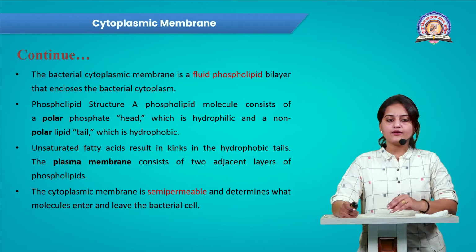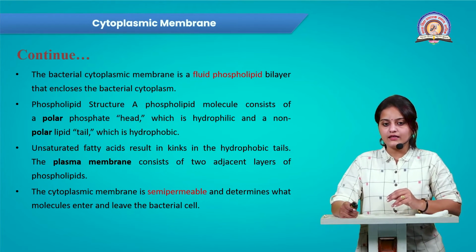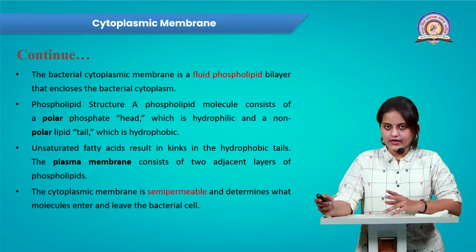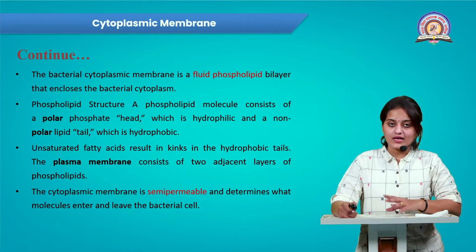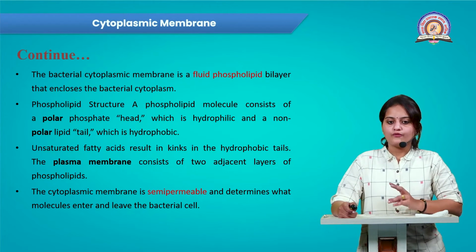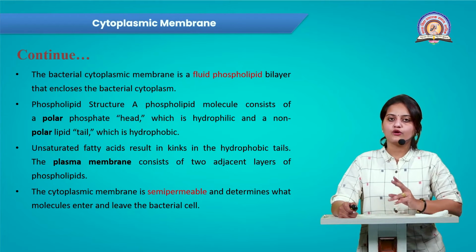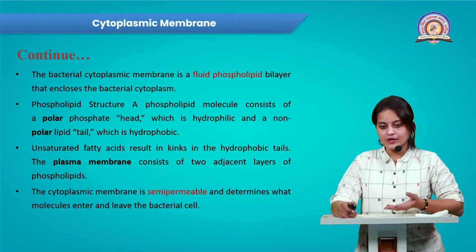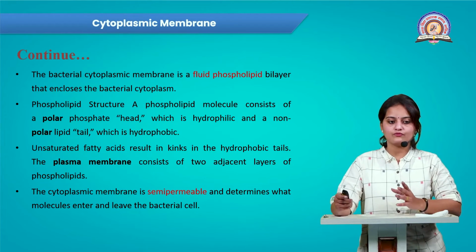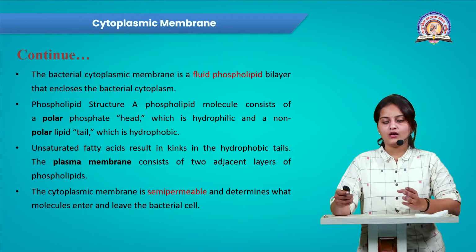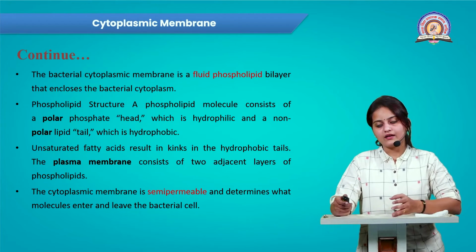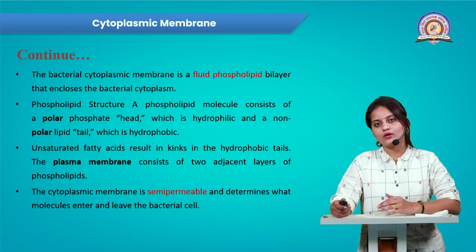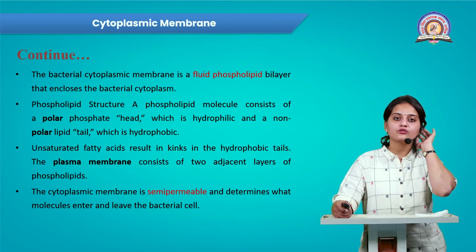The unsaturated fatty acid results in kinks in the hydrophobic tails. The plasma membrane consists of two adjacent layers of phospholipids. The cytoplasmic membrane is semi-permeable and determines which molecules the cell needs, which should go inside the cell, and which should go outside the cell.